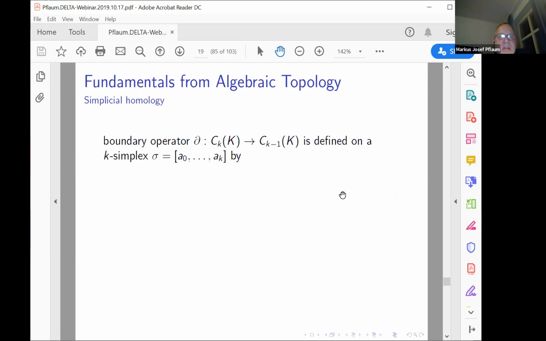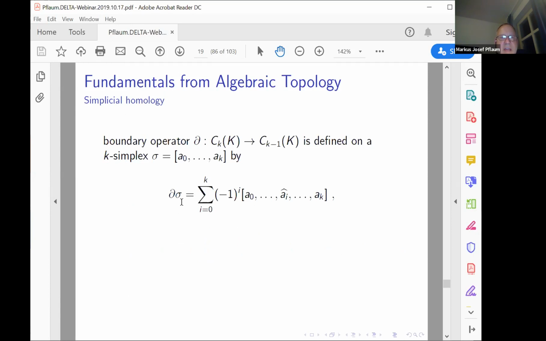And because these k simplices form a basis, well, a bit in inverted commas, this word basis here, but they form a basis, you only need to define this boundary operator on the k simplices. And here is the formula.